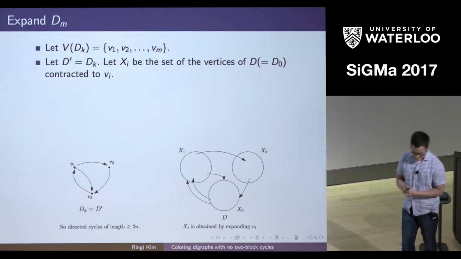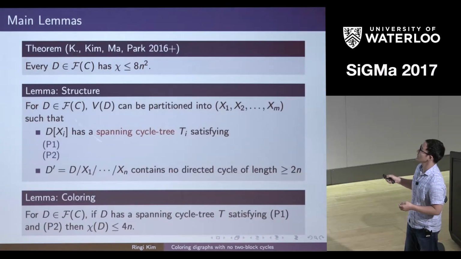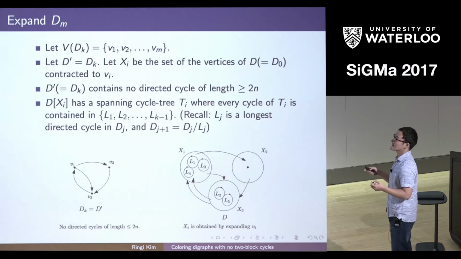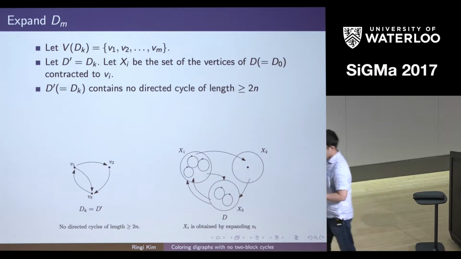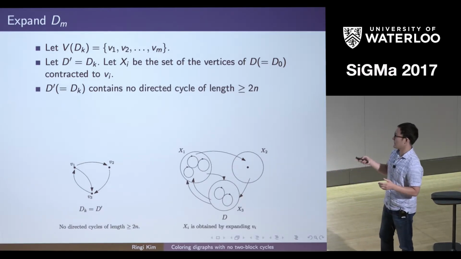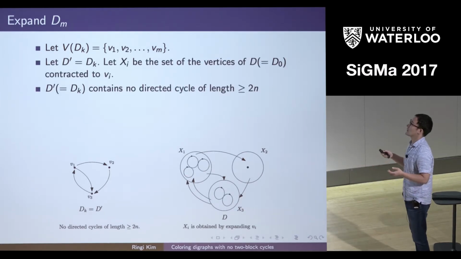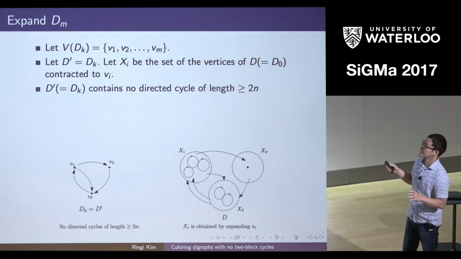Okay, and what I want to say is that here Dk and this partition X1, X2, X3 are actually what we are looking for here. Okay, so first, Dk doesn't contain a long directed cycle. By the definition of the process, we know that D prime contains no directed cycle of length greater than or equal to 2n.